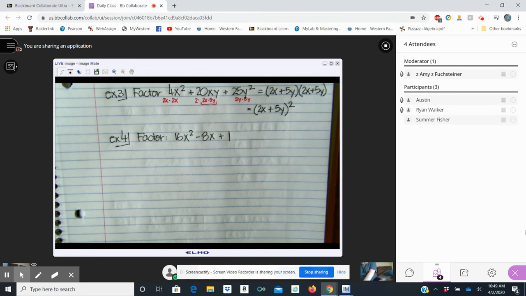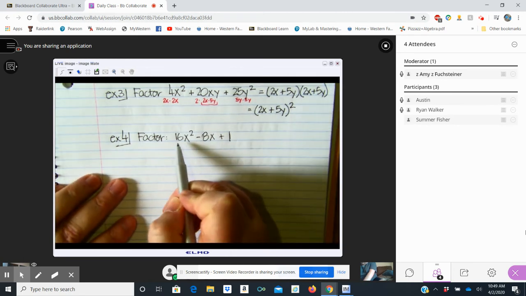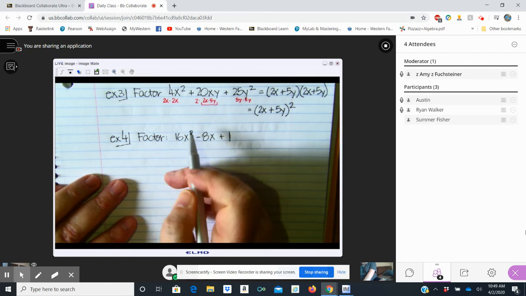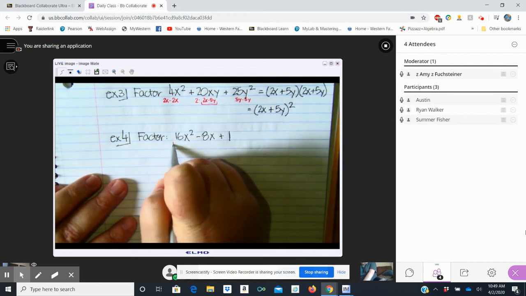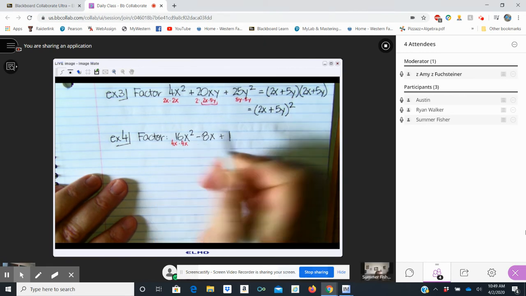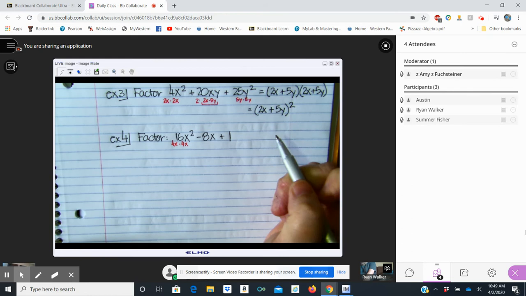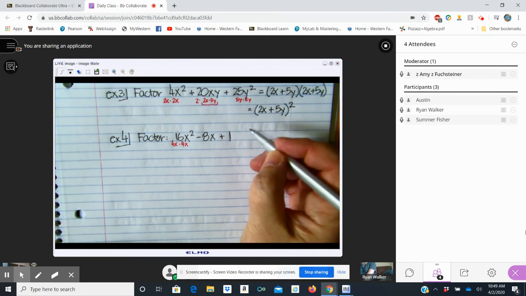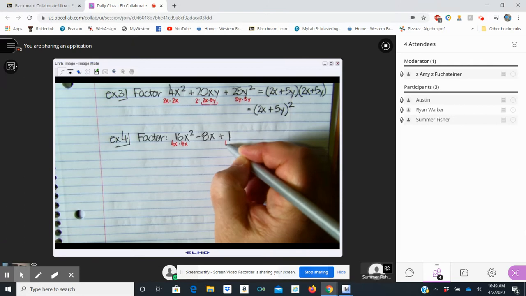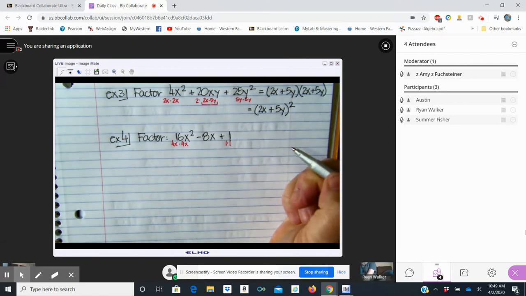Okay. Looking at the first term, is it a perfect square? Yeah. 4x times 4x. Looking at the last term, is it a perfect square? Yeah. We forget about this one, which is why I wanted to do it.